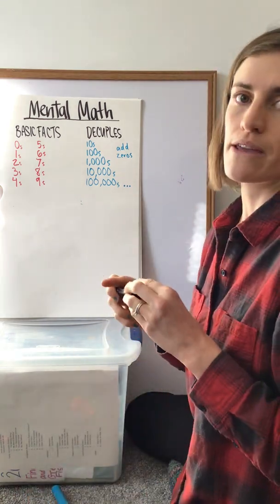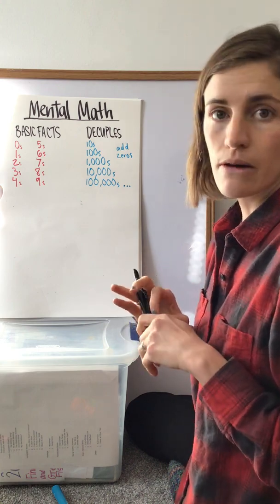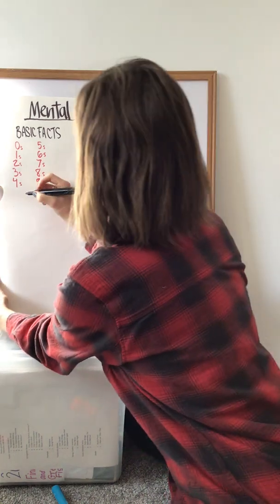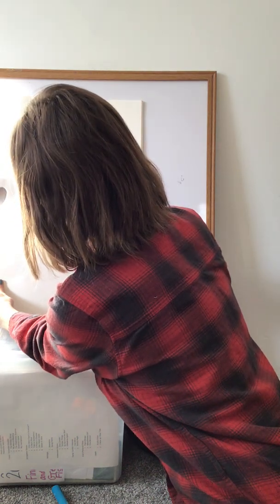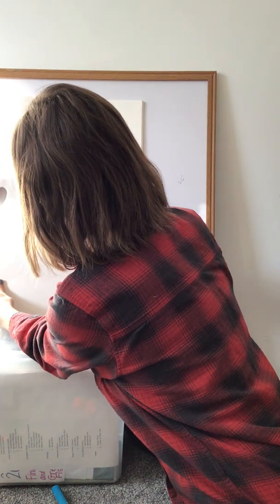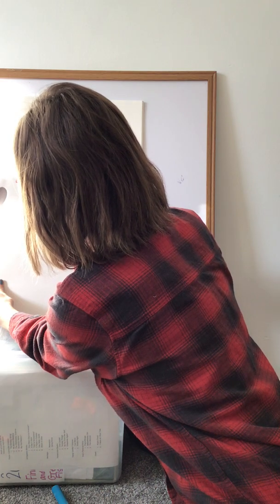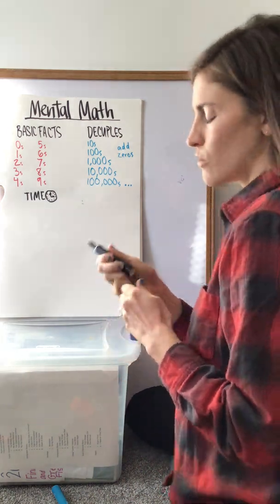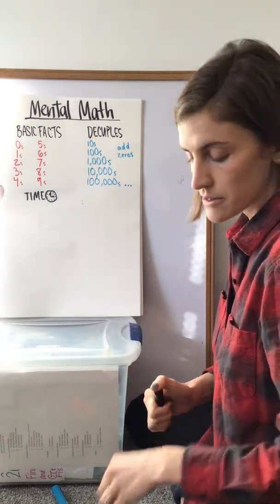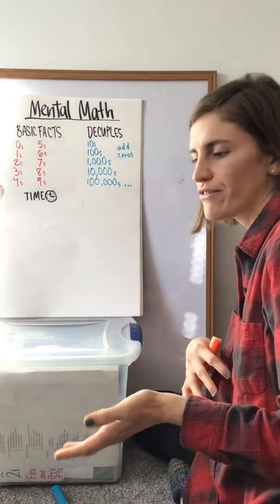A third tool we might use is thinking about a mental math problem like we think about time. Now, when we're telling time, or when we think about time, we think about it in 15s, right? 3:15, 3:30, 3:45.